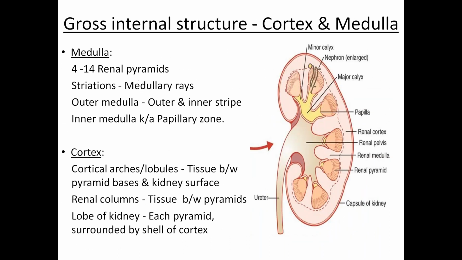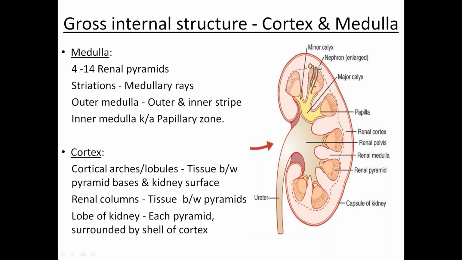Okay, now coming back to cortex. Now the renal cortex can be divided into two parts which are continuous with each other. The cortical arches or the cortical lobules refer to tissues lying between bases of pyramids. So here the tissue lying between bases of pyramids and surface of the kidney.